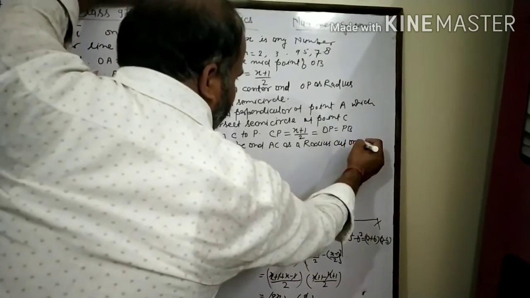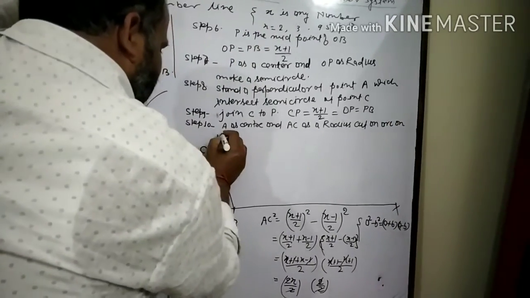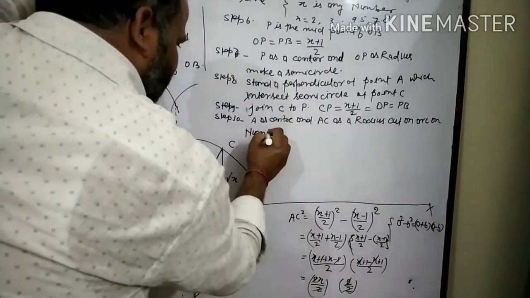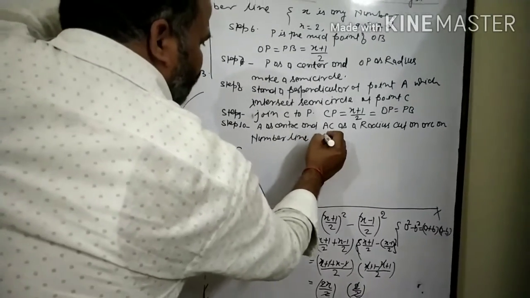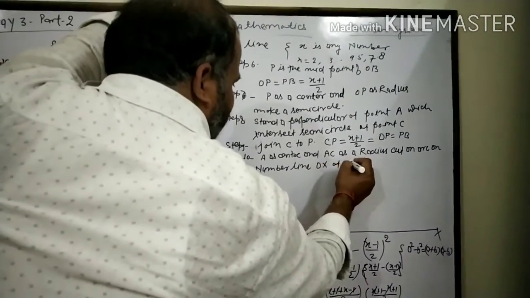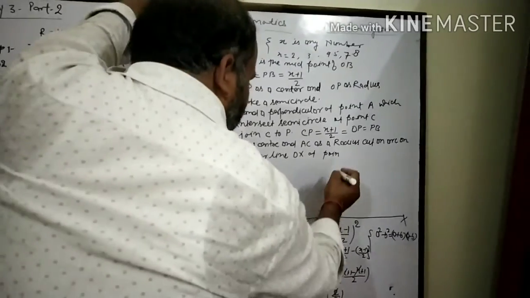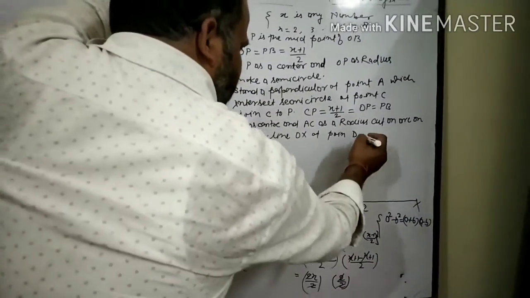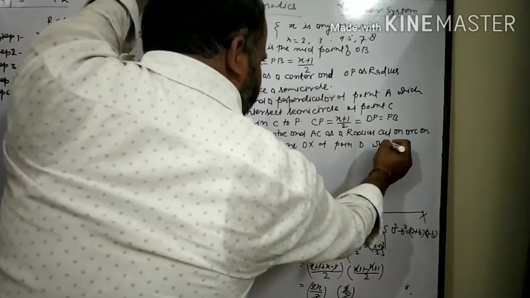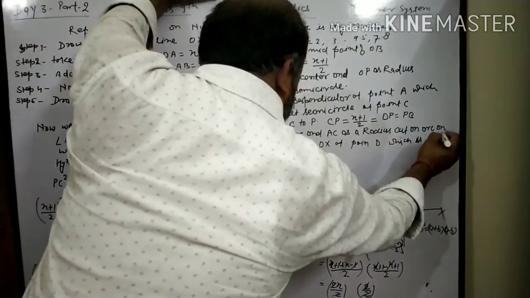Cut an arc on number line OX at point D, which is under root x.